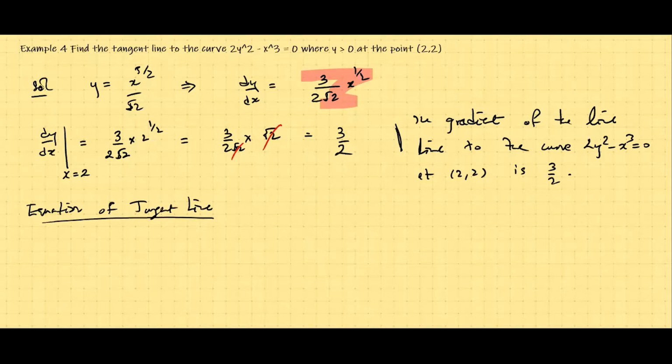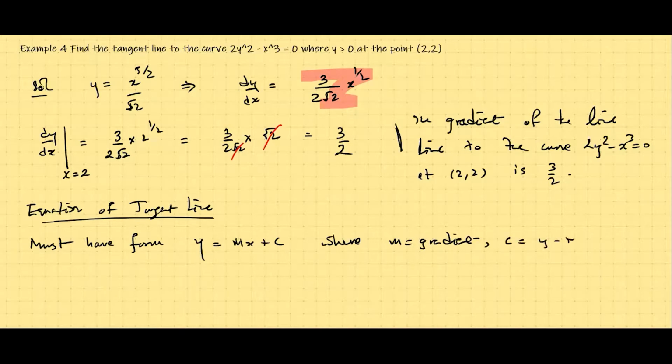Well, the tangent line is a straight line, so it must have the form y equals mx plus c, where m equals gradient and c equals y-intercept, which are both constants.